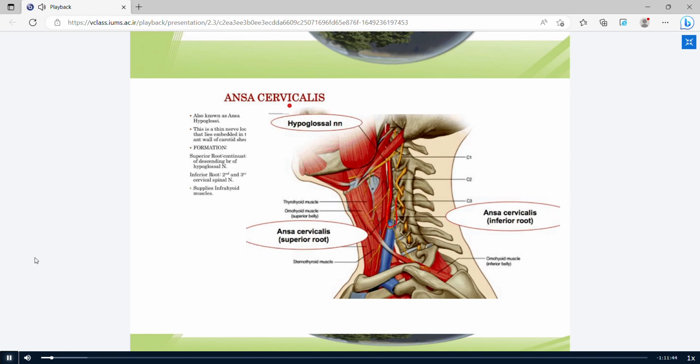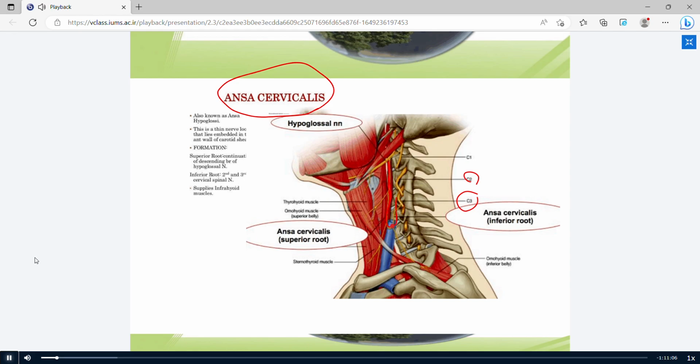Actually, ansa cervicalis is formed by two roots, superior root and inferior root. The superior root is produced by the first cervical spinal nerve, but the inferior root is formed by the second and third cervical spinal nerves. Superior and inferior roots join together and form the ansa cervicalis.